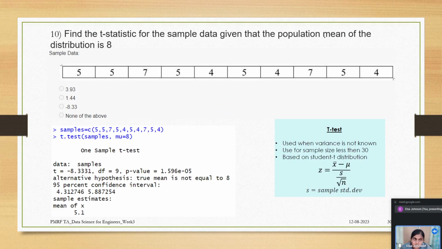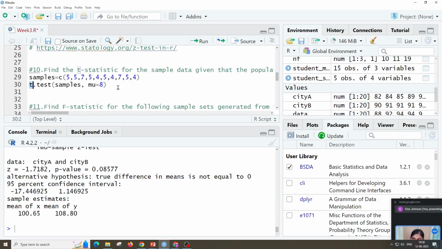The mean of the population is given as 8. I have also given the formula, x bar minus mu by s by root n, for the t-test based on the student t distribution. You just have to run this program here.